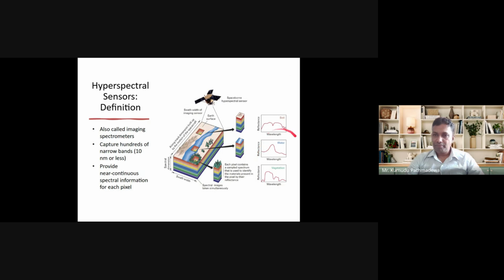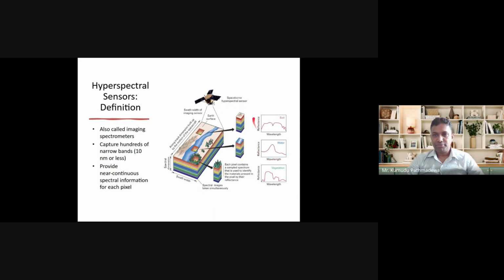It's like a DNA test or a fingerprint. Each object, such as soil, water, or vegetation, has a different pattern of wave, as you can see.